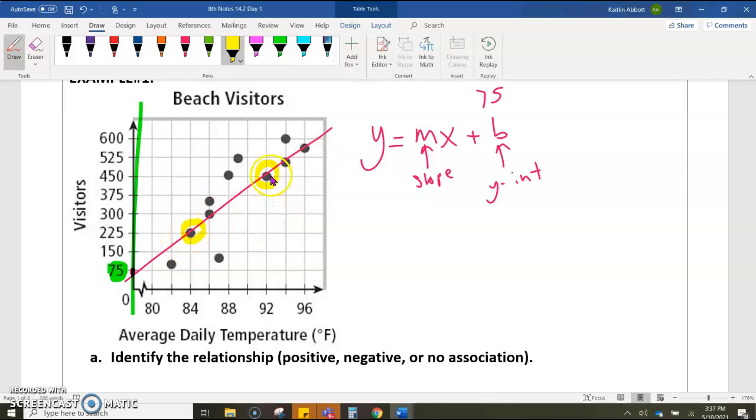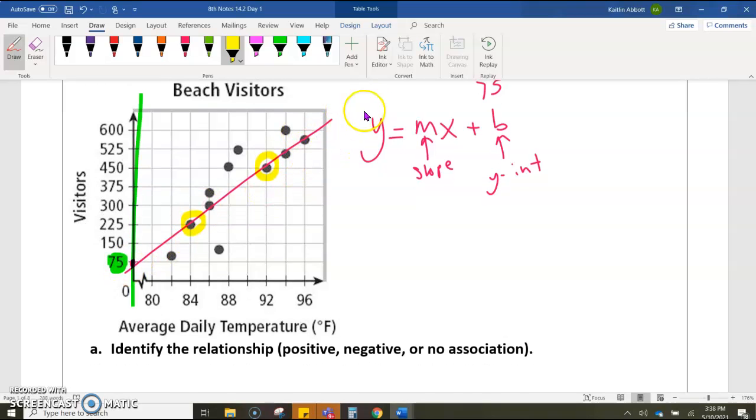With definite numbers, we use the slope formula, y2 minus y1 over x2 minus x1, and we get a fraction to put here. That's for tomorrow. Today we're working on the line of best fit, so I did that.